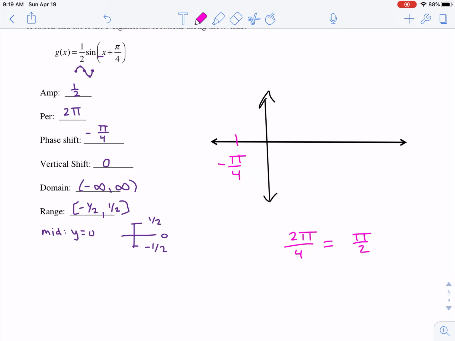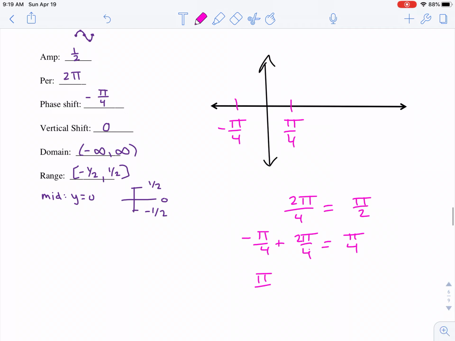So if I start with negative pi over 4 and I add pi over 2, the first thing I have to do is get that common denominator. So instead of pi over 2, I'm going to change that to 2 pi over 4. So it'll have the same denominator. When I add those together, I get pi over 4 as my next piece of the interval.